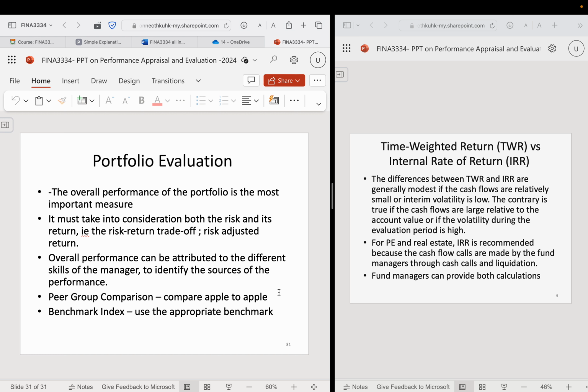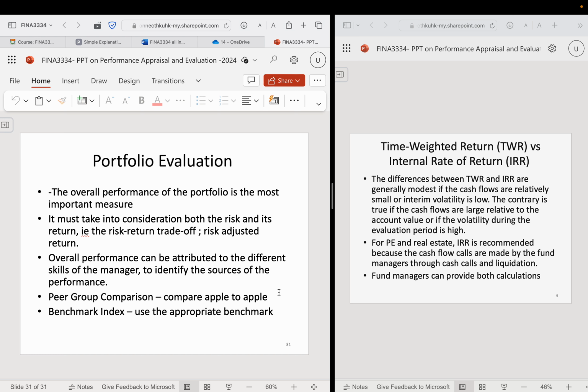Return scenario 1: if there's no knockout, meaning it never touches the knockout, then you get 1-to-1 performance. Scenario 2: knockout, you get a 7% return.